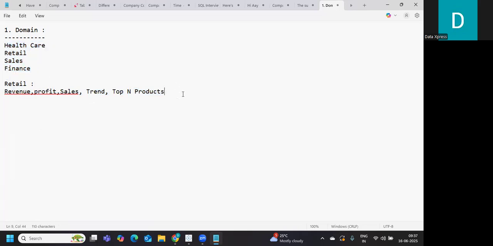The second thing is always, whatever domain you have identified, create a dashboard from scratch on that. It is very important because it will help you answer all the unanswered questions.